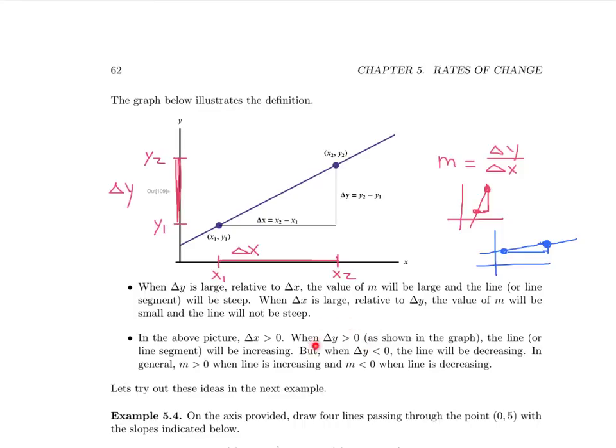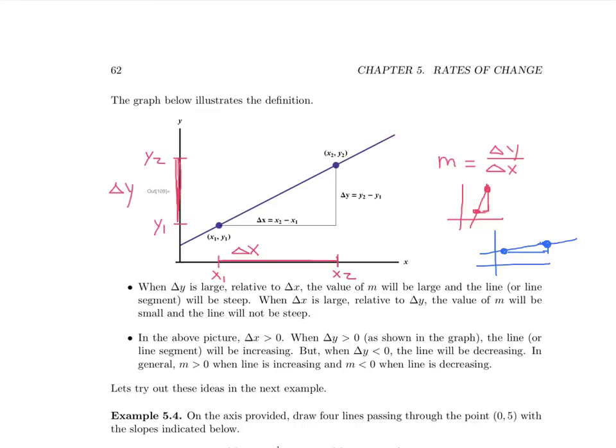When delta y is positive, as it is in the graph, again, delta y is calculated by taking y2 minus y1, and in the graph, y2 is larger than y1, so delta y is positive. So when delta y and delta x are positive, the line or the line segment will be increasing. In other words, the line is going to have an upward trend like this. As you go from left to right, the line has an upward trend.